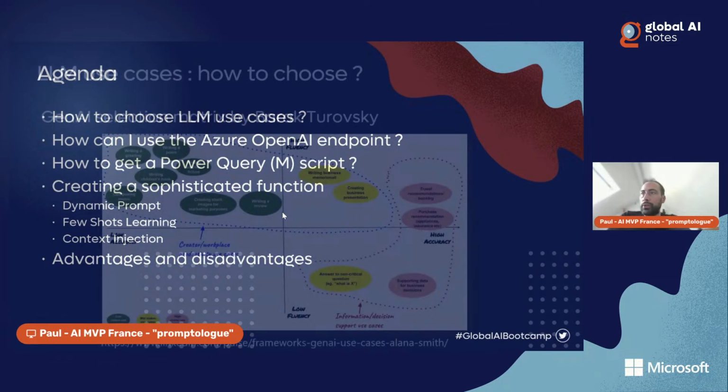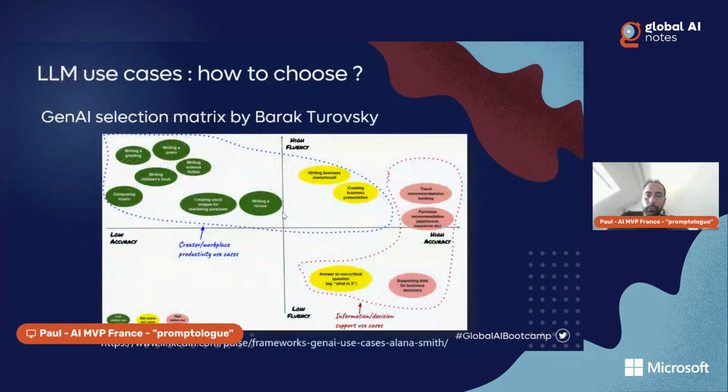So let's go about the use cases, and I think the best matrix to classify the use cases is this one by Barak Turovsky. Look at the two axes. The first one is the notion of accuracy. If you do some machine learning, you know that we use the metric of accuracy to know if the algorithm is good enough for a task.